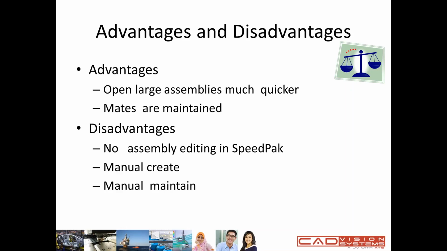Also when few mates are required, or when you handle huge assemblies, for example plant construction and layout, and large machine designs. SpeedPak is very useful to handle that. You can also hand over a simplified assembly without sub-assemblies and parts.